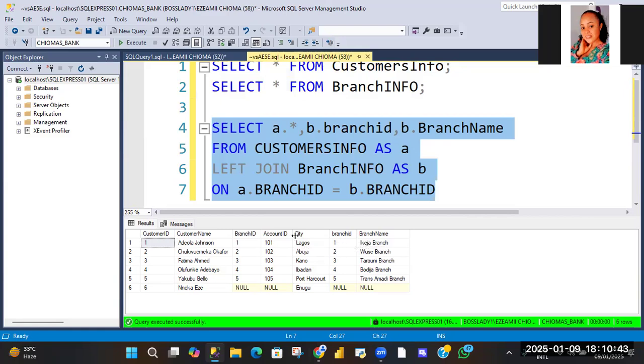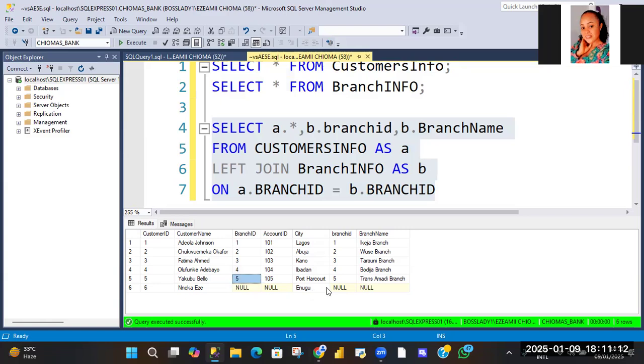So then, when we join this table now, we can see this is null, right? Basically our left table, that's customer info, has 6 rows. That's why it gave us 6 rows. Then it gives us matching rows from branch info. So these are the matching where it matched. If you look at this, branch ID 1, branch ID 2, branch ID 3, branch ID 4, branch 5.